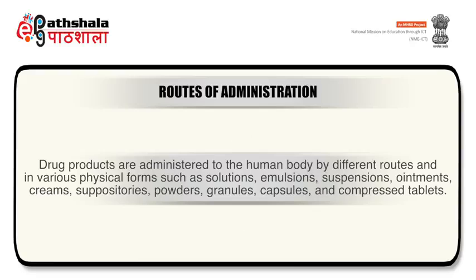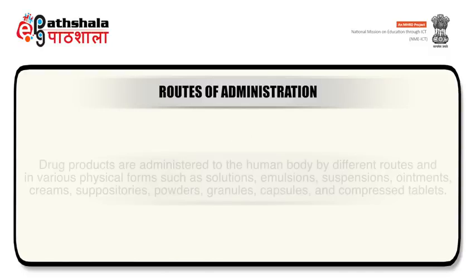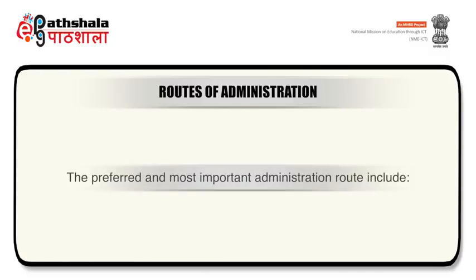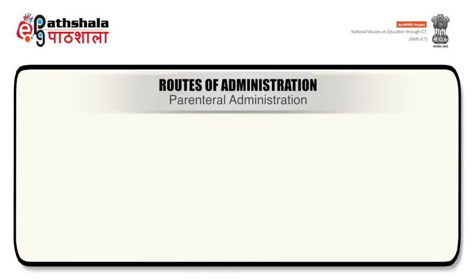Drug products are administered to the human body by different routes and in various physical forms such as solutions, emulsions, suspensions, ointments, creams, suppositories, powders, granules, capsules, and compressed tablets. The preferred and most important routes include: first, we will study about parenteral administration.